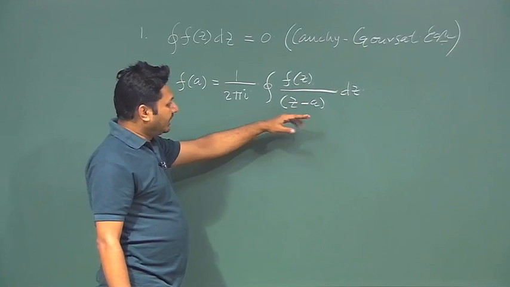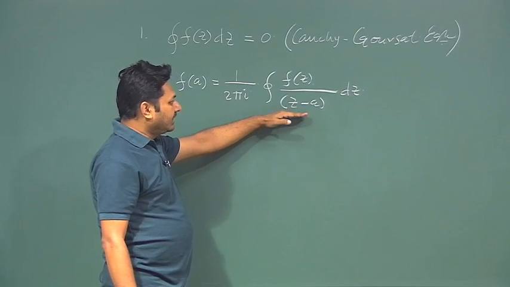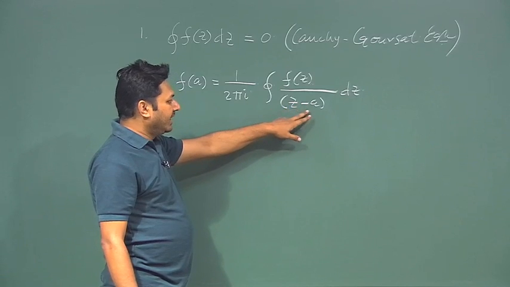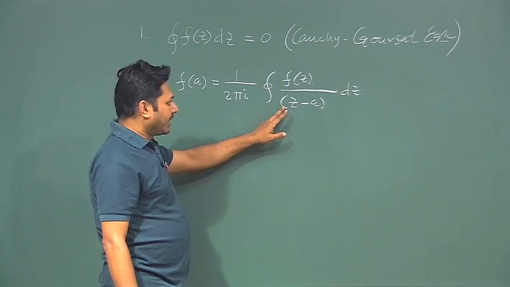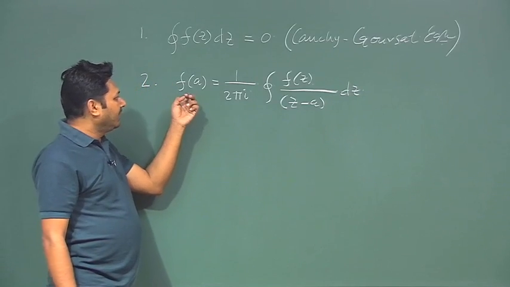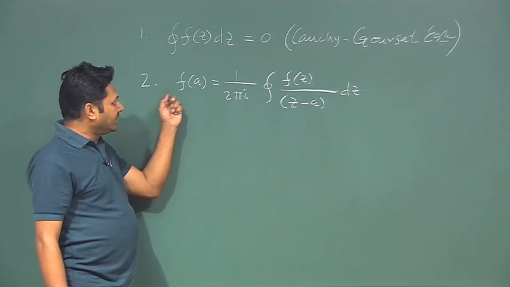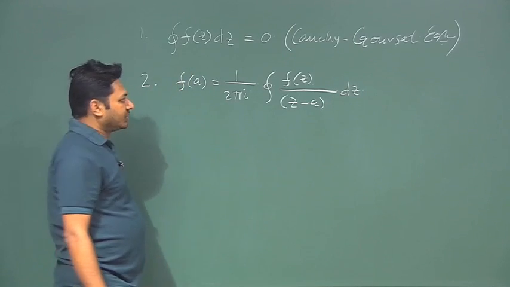We will come to this later, what is the meaning of singularity, we will study extensively, but here you should understand that at z equal to a this function is not analytic. But if you do the integration, then you will get the result, and the result will be f(a) multiplied by 2 pi i. That is the additional outcome that we have from Cauchy-Gaussian equation.